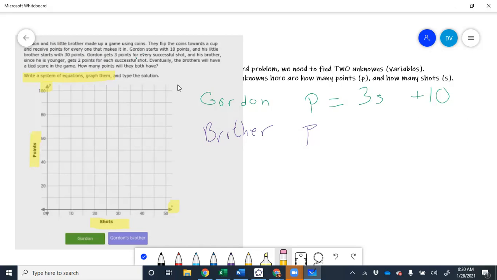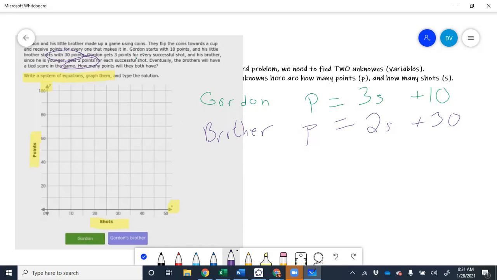His brother starts with 30 points, okay, and his brother gets 2 points for every shot, okay? So the number of points his brother has is, he starts with 30, and he adds 2 points for every shot, or 2 points times the number of shots.